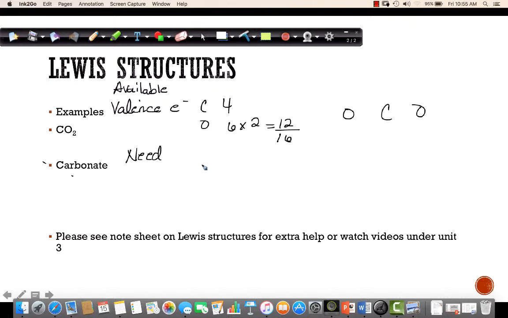So carbon wants to have 8, oxygen wants to have 8, and there's 2 of those. So that's going to give me 16 plus another 8. So 24 electrons. So it wants to have 24 electrons.